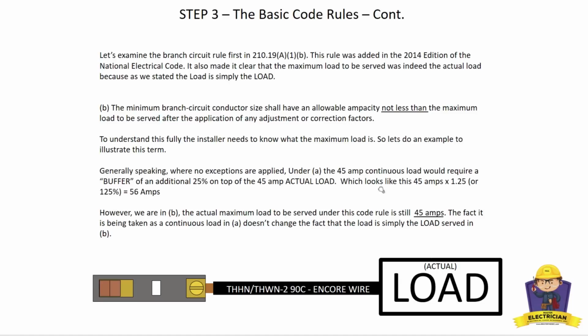That's how we would do it for 45 amps if we had a continuous load, and that would be what we did in 210.19(A)(1)(a). But we're in B. And B just says, look, take that maximum load to be served under the code rule, which is still the 45 amps in this little example. The fact that it is taken as a continuous load in A doesn't change the fact that the actual load, or even the maximum load to be served, is no more than 45 amperes. So keep that in mind.